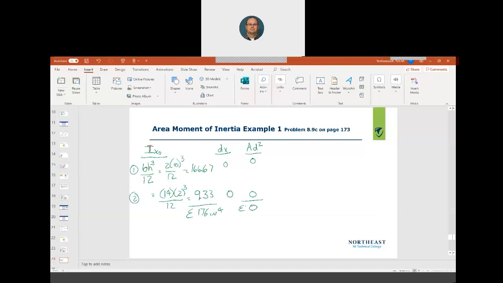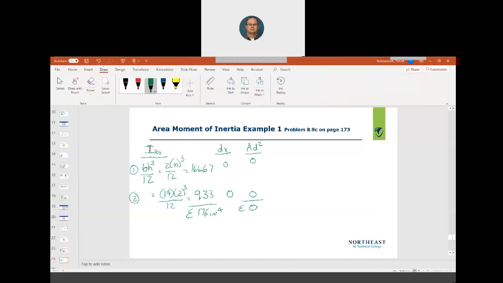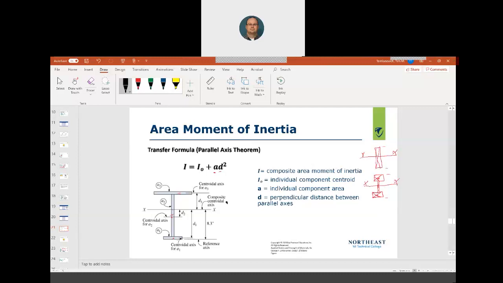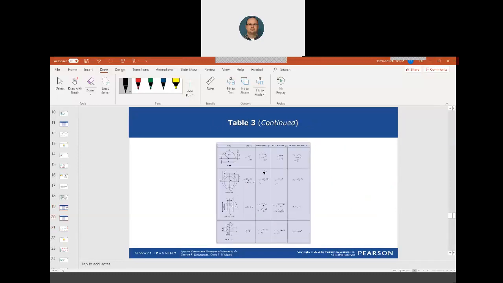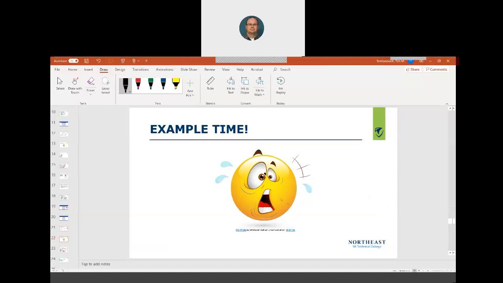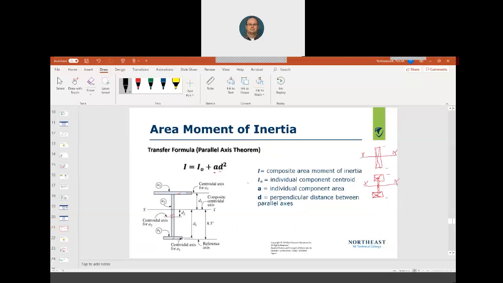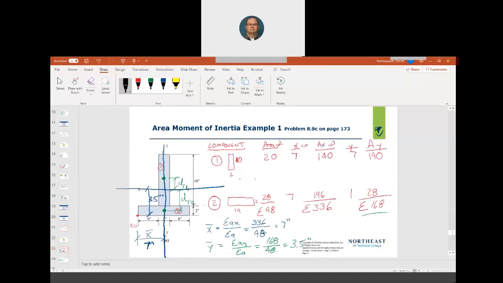All right, so now let's find our moment of inertia in the y direction. Okay, so component 1. If I look back in here, Iy0 is H and B switched around. Here's the formula here. H and B get switched around, but the orientation doesn't change.